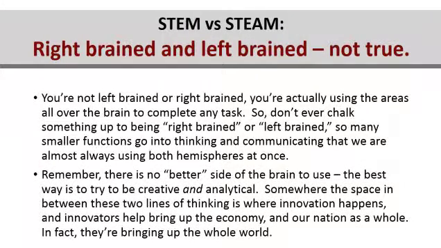So remember, there is no better side of the brain to use. The best way is to be creative and analytical. Somewhere in the space in between those two lines of thinking is where innovation happens, and innovators help bring up the economy and our nation as a whole. In fact, they help bring up the whole world.